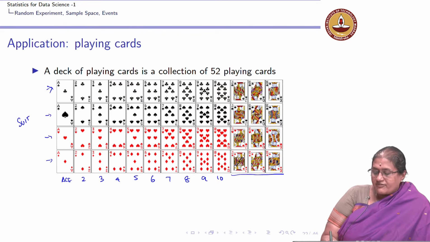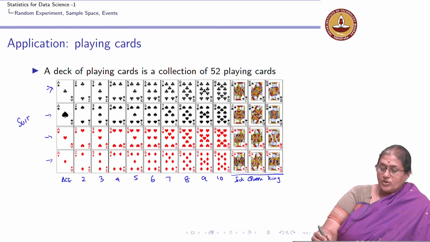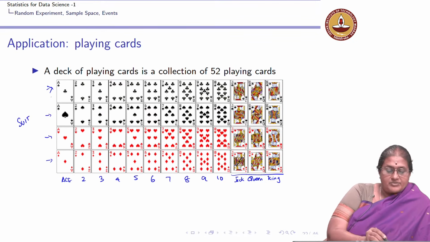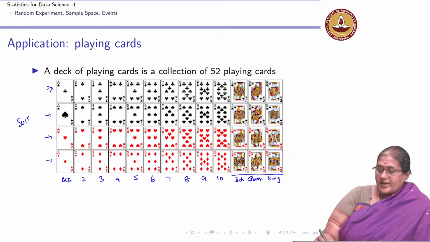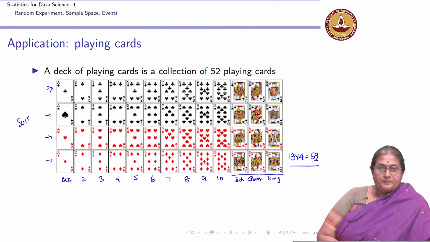Then these are referred to as face cards: this is a jack, this is a queen and this is a king. So there are totally 13 types in each suit. I have 4 suits and 13 types, making it 13 times 4, which is 52 playing cards.